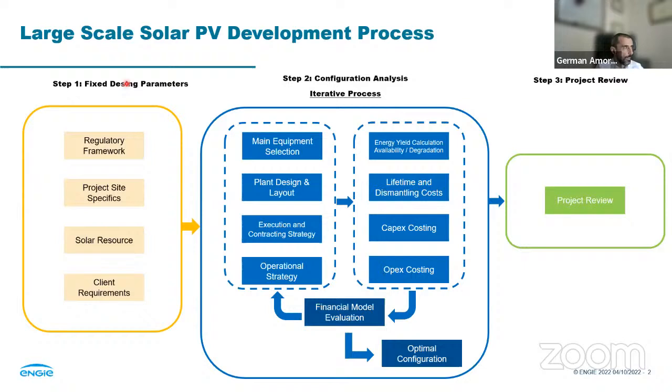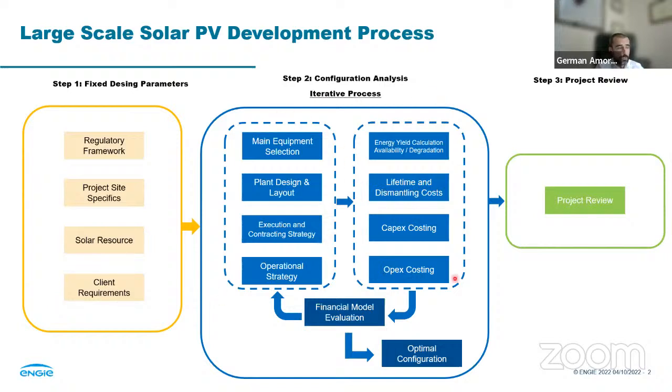The first step that we consider, according to our experience, is the site conditions, specifically the solar resource, then the local and international regulation that we need to consider, and possible client requirements.